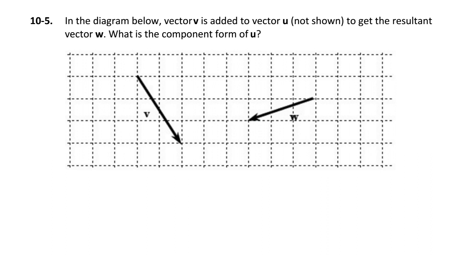I would start by finding V and W. I should go left and right first and then up and down. I'm just so used to doing slope. So V goes to the right 2 and down 3. So that would be my component form, 2, negative 3. And W goes left 3, so negative 3, and down 1.